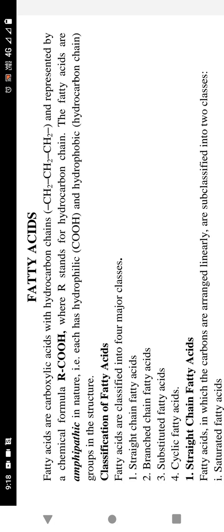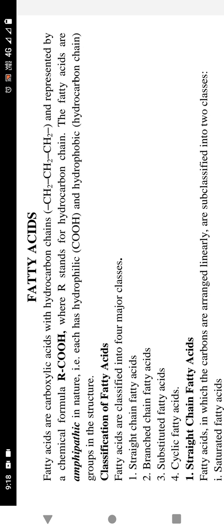In this class, we learn about fatty acids. Fatty acids are the basic unit of lipids. They are carboxylic acids with hydrocarbon chains and are represented by the chemical formula R-COOH.